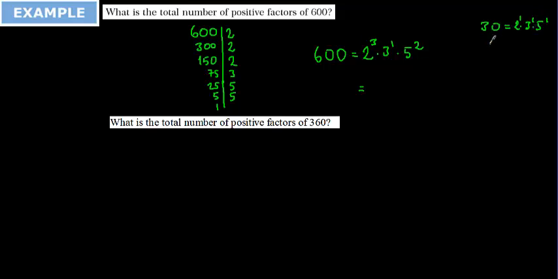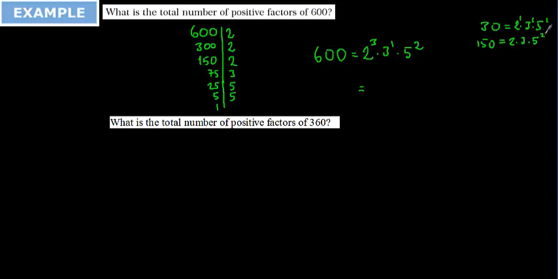Or another number, let's say 150. 150 divides 600, with 2, 3, and maybe 5 squared.